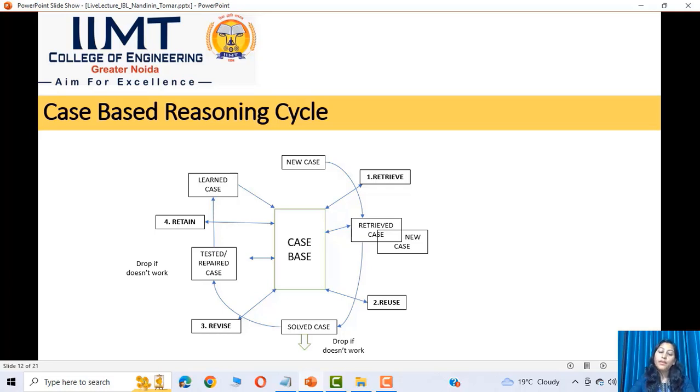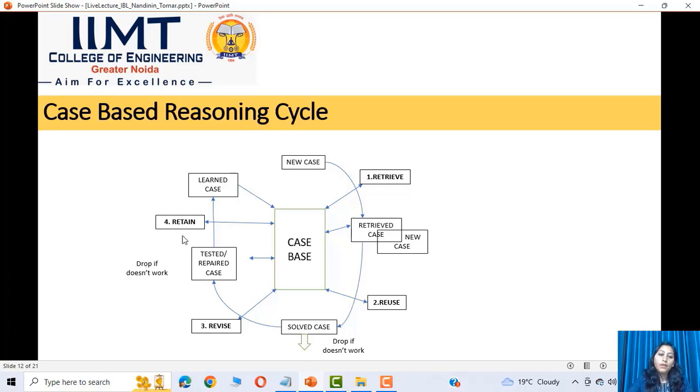Now we move to the next step, which is revise. Here, the system evaluates the solutions and revises them based on how well they work. In between the reuse and revise steps, if a proposed solved case doesn't work well, it can be dropped and the next solution will be checked.